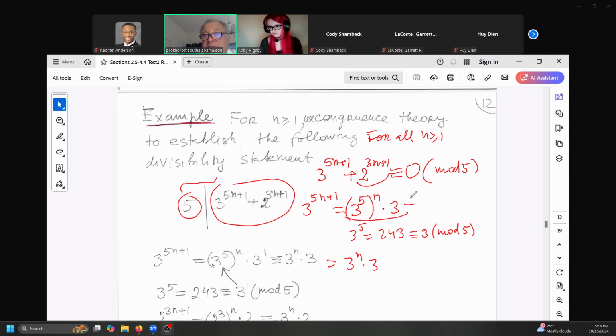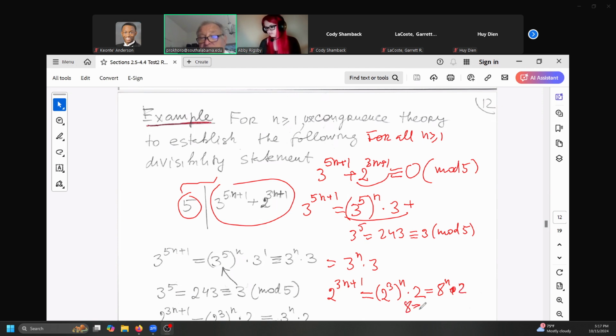Let's do the next term. What is 2 to the power 3n plus 1? This is 2 cubed to the power n times 2. 2 cubed is 8, so we get 8 to the power n times 2.